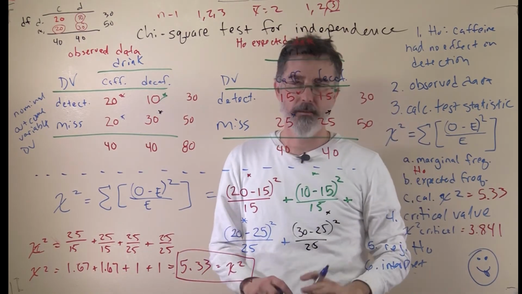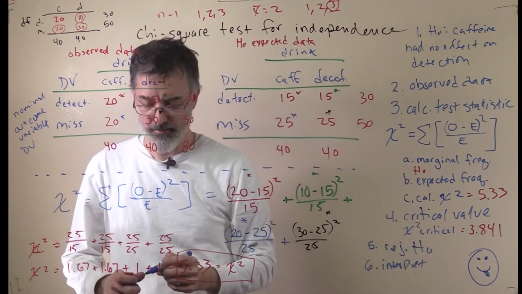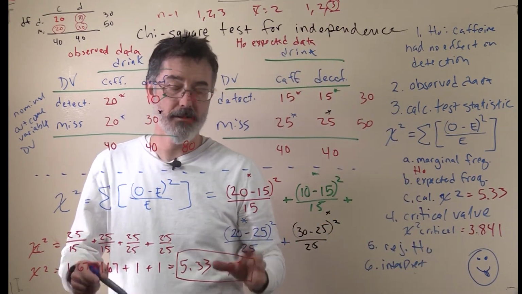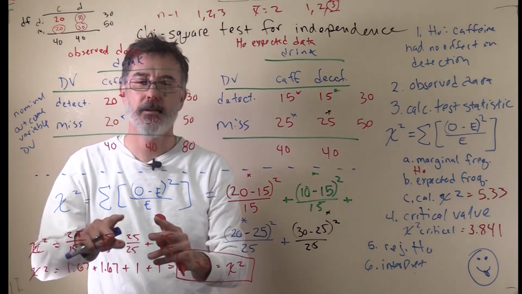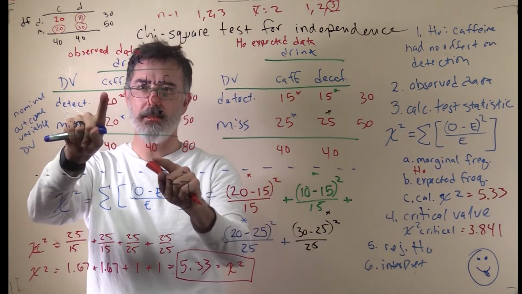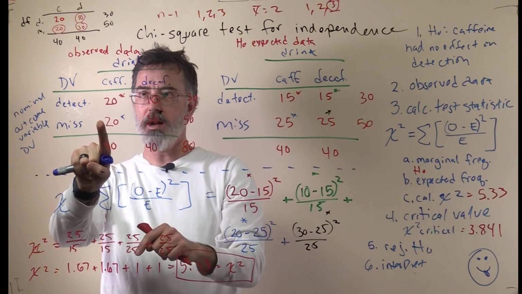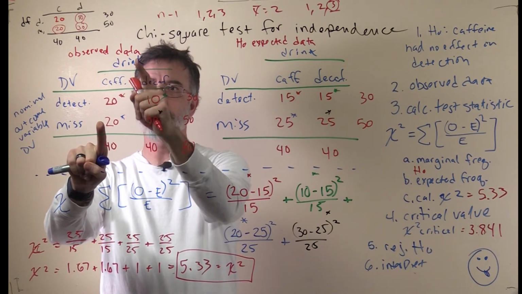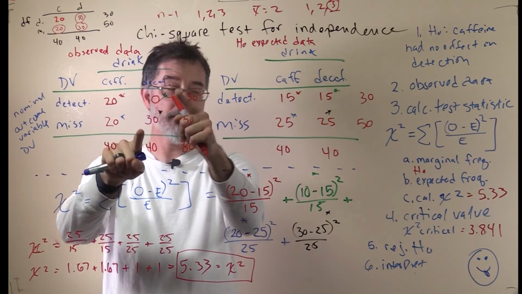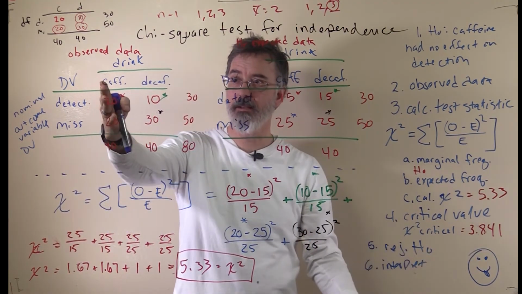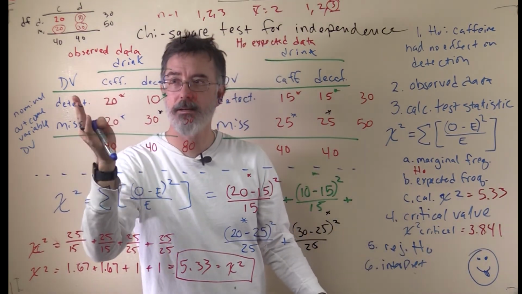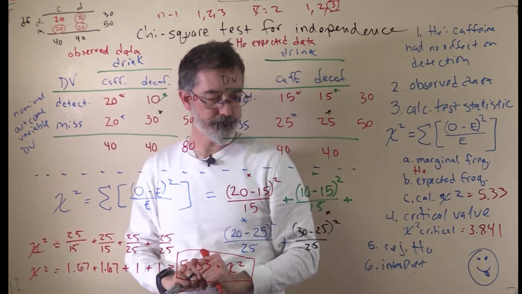The most straightforward interpretation here is like looking at the means for an independent samples t-test. Here, the interpretation is that detection rates were higher for caffeinated participants than decaffeinated participants. Caffeine boosted the detection of hidden objects.